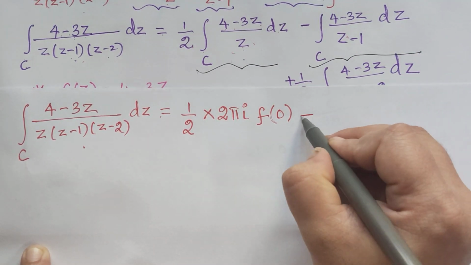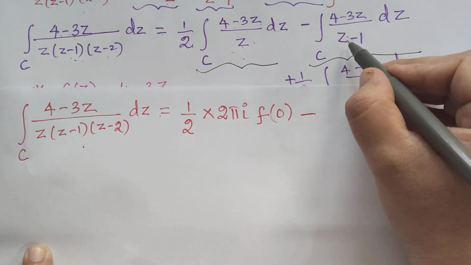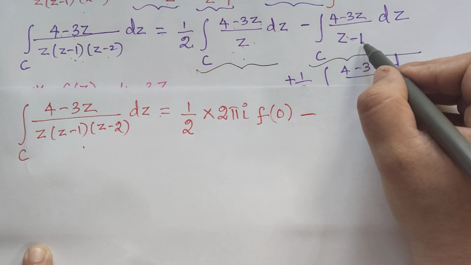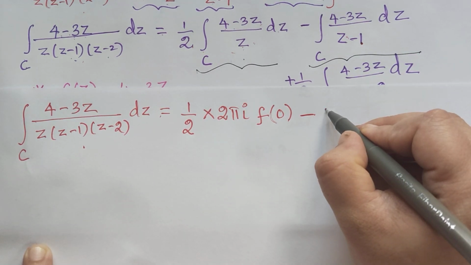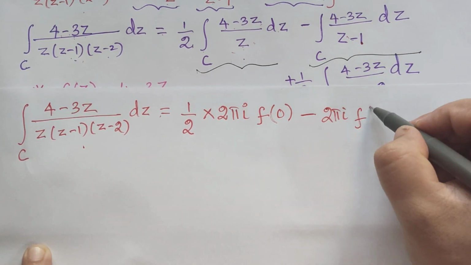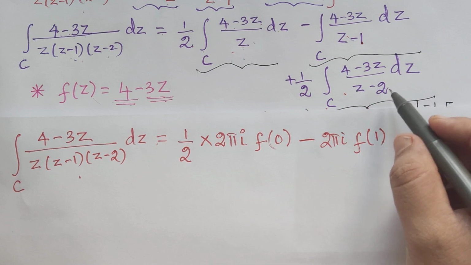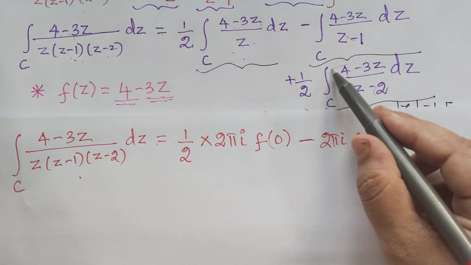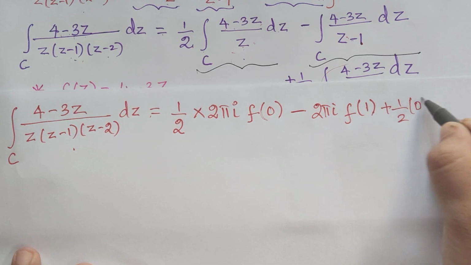And then minus, for this integral also z naught lies inside the circle, therefore we can apply the Cauchy integral formula. So here we will have 2 pi i f of 1, since z naught is 1. And here we saw that z naught lies outside, therefore this integral was 0. So plus 1 by 2 into 0.